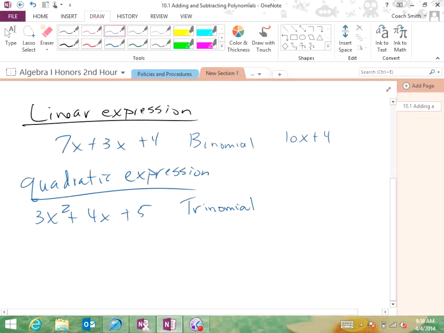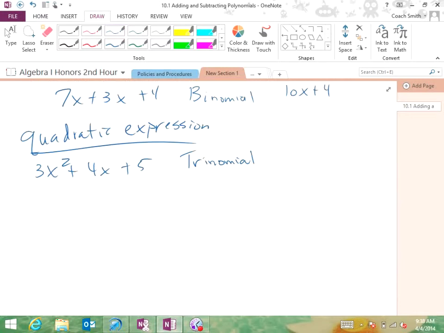I'll give you an example of a quadratic trinomial that you'll be able to simplify. You have x squared minus 4x plus 4. Eventually, we will be able to simplify that.